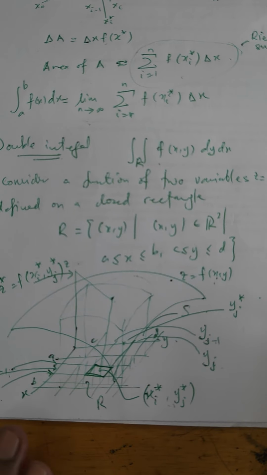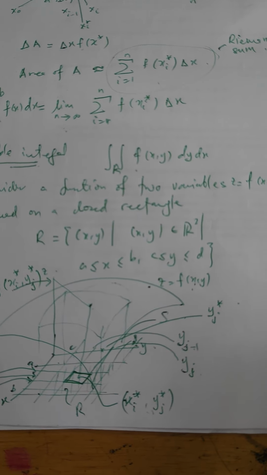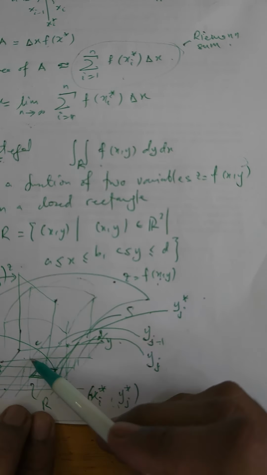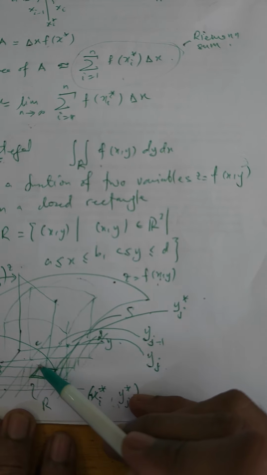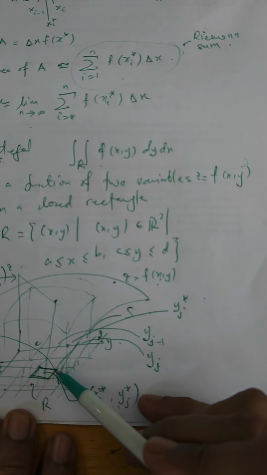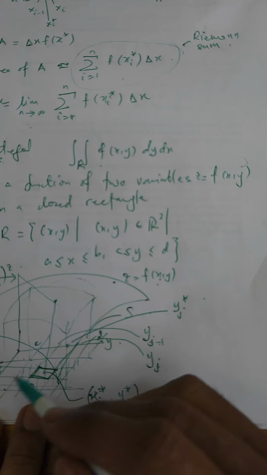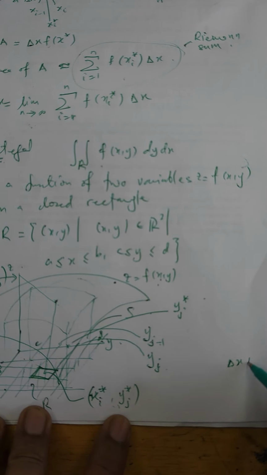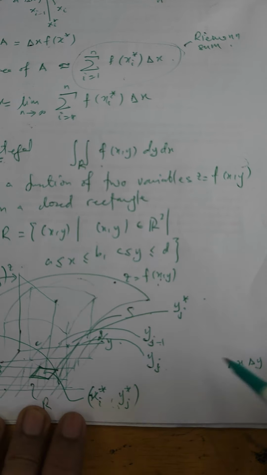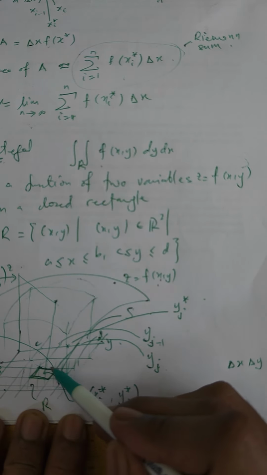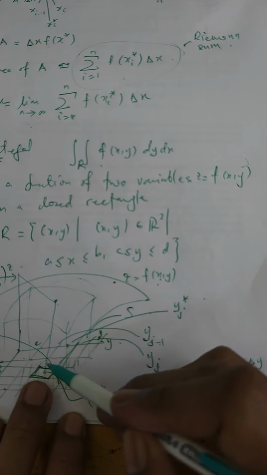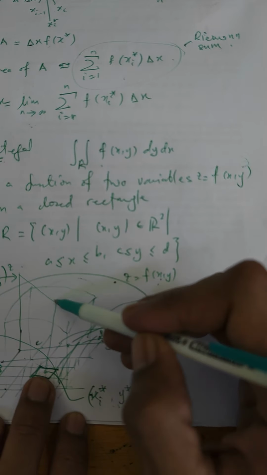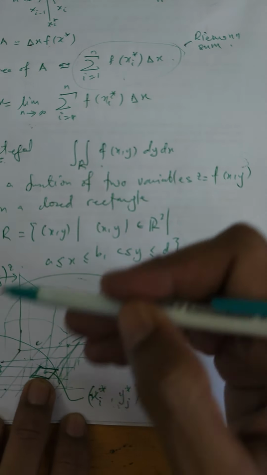If we multiply the width and length, which is delta x and delta y, that gives the area of the rectangle, and we multiply by the height of those cubes, f(x_i*, y_j*), that gives the volume.